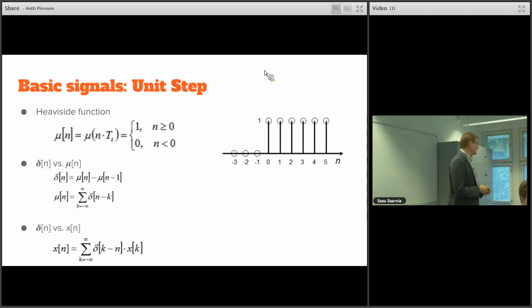The next one is the Heaviside or unit step function. Okay, for those lucky ones who have been measuring circuits with the oscilloscope, you have probably used a square wave in some lab sessions to test an RC circuit.